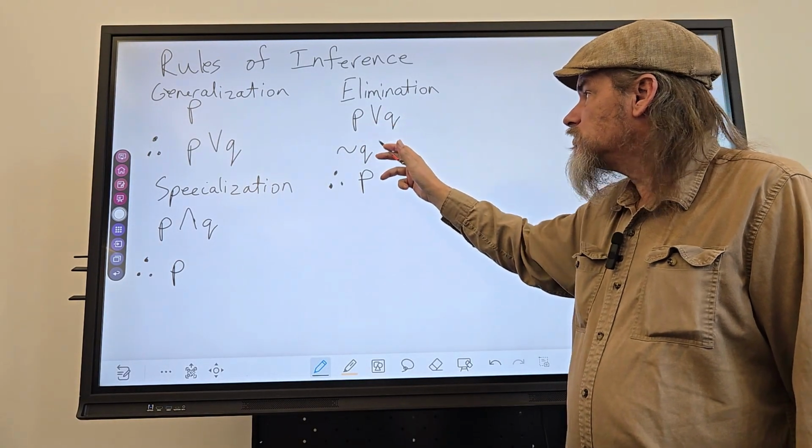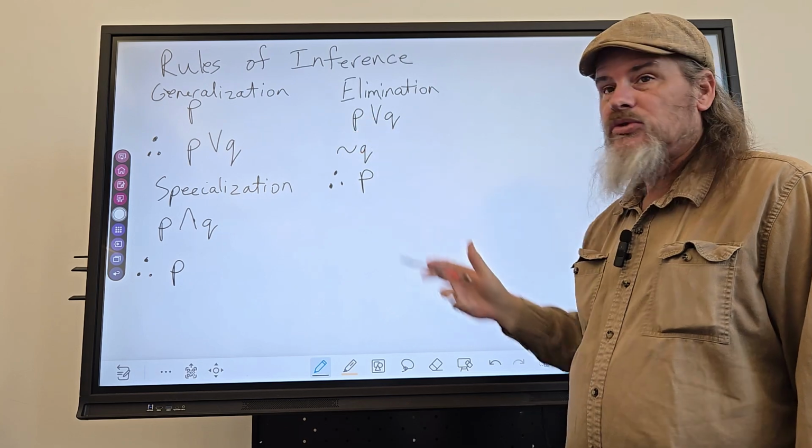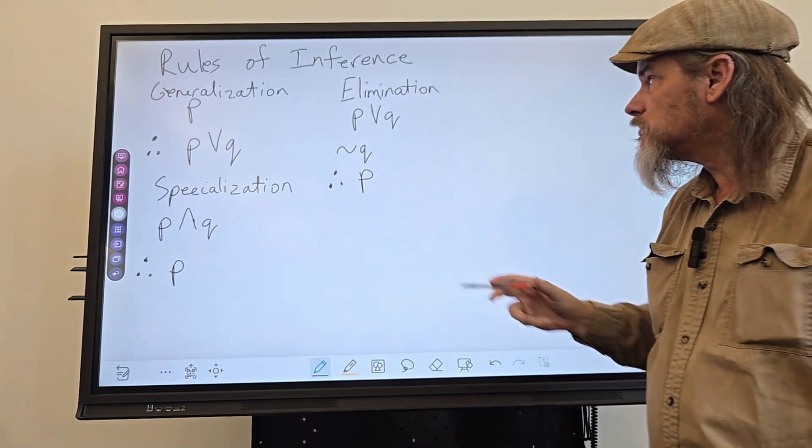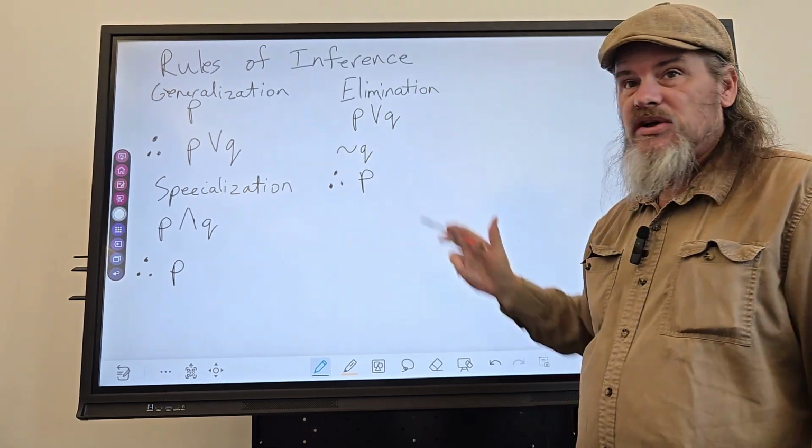P or Q. Q is not true, therefore P must be true. If P or Q is true.